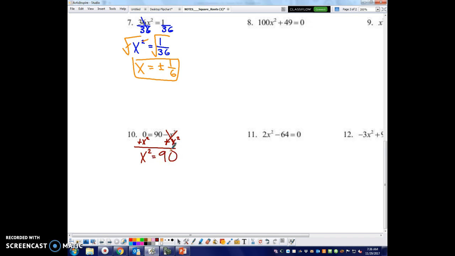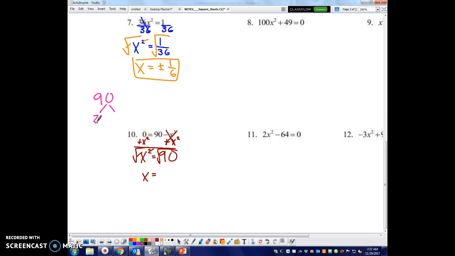All right? Now we need to square root the x. Yeah, so square root. What's the square root of 90? Is 90 a perfect square? No. So remember this. Can 90 be divided by 2?